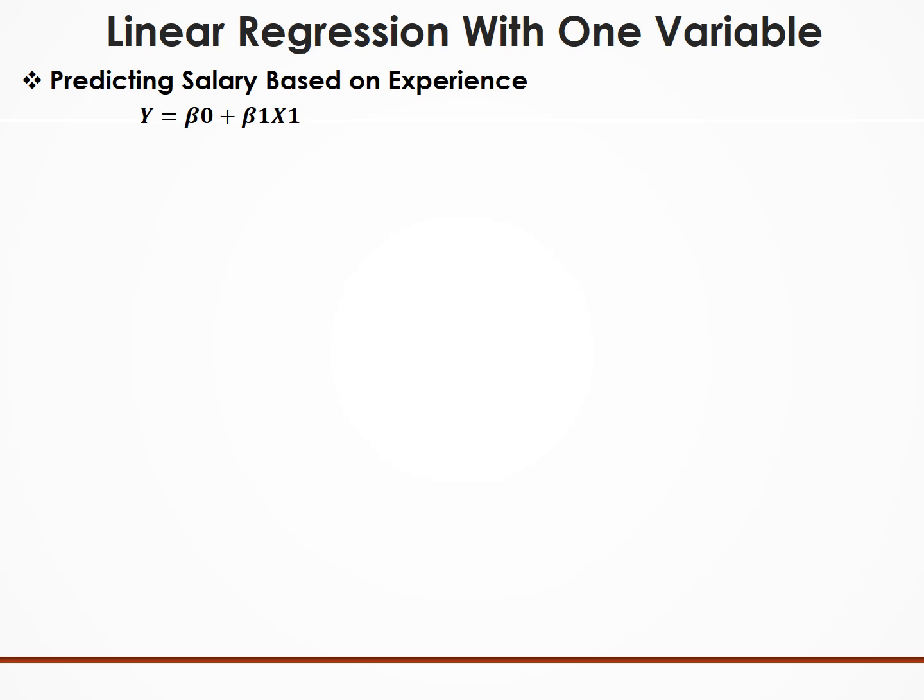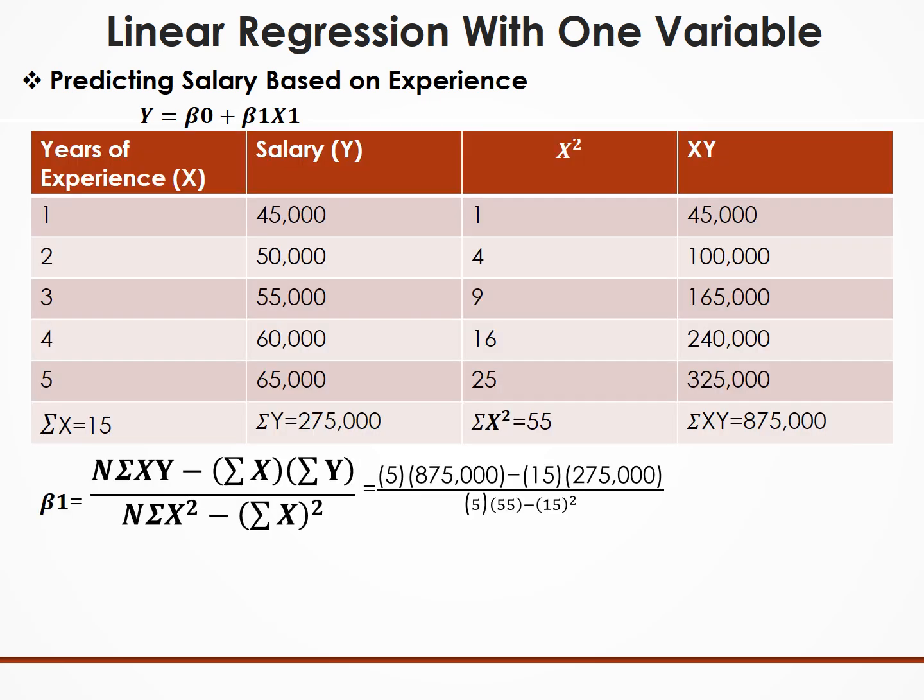So proceeding further, we calculate the summation of x, y, x square, and xy of our data set. Putting these values in our formula, we will find values of weight and bias. Thus, we will get the best fitted linear equation for our data set.